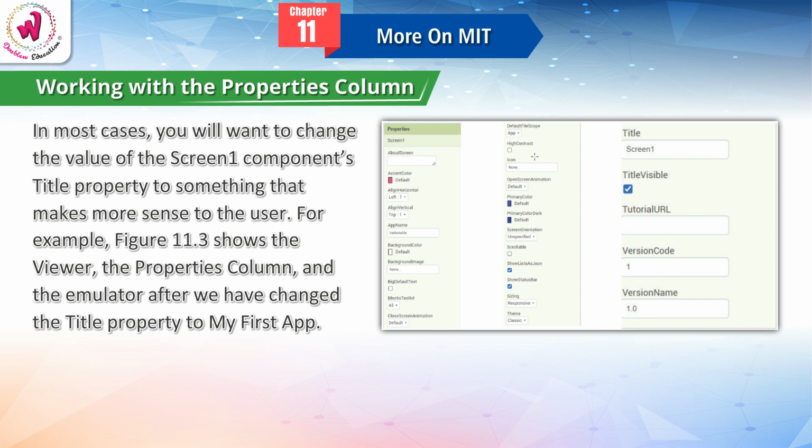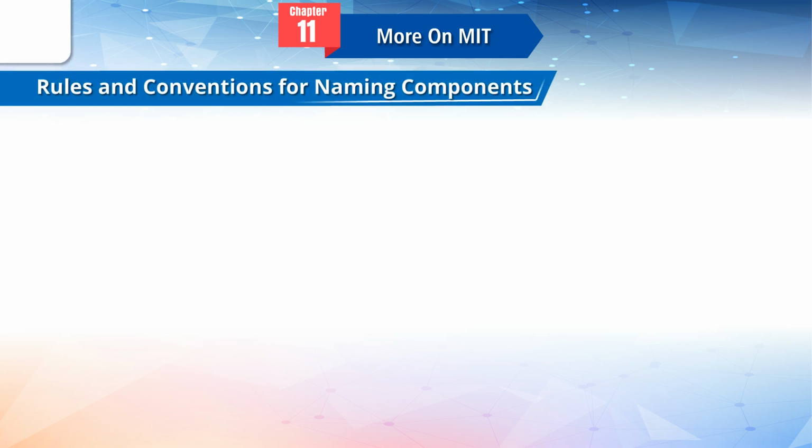In most cases, you will want to change the value of the Screen1 component's title property to something that makes more sense to the user. For example, figure 11.3 shows the viewer, the properties column, and the emulator after we have changed the title property to My First.